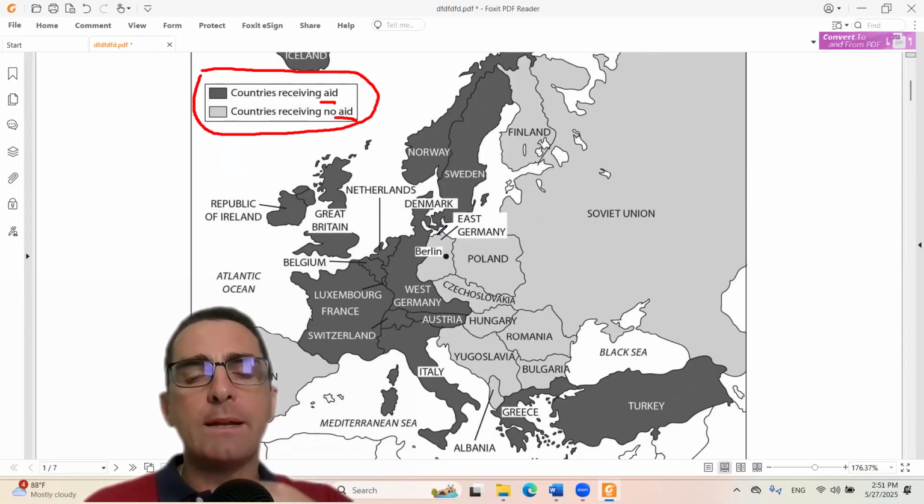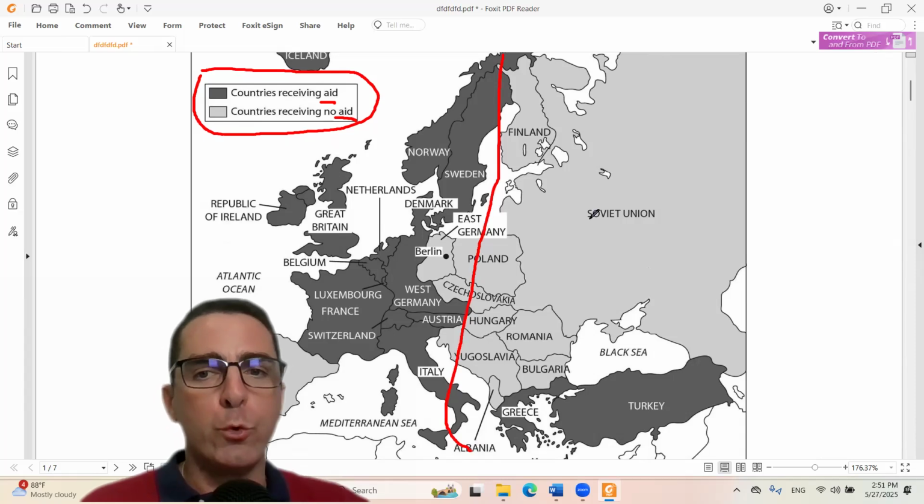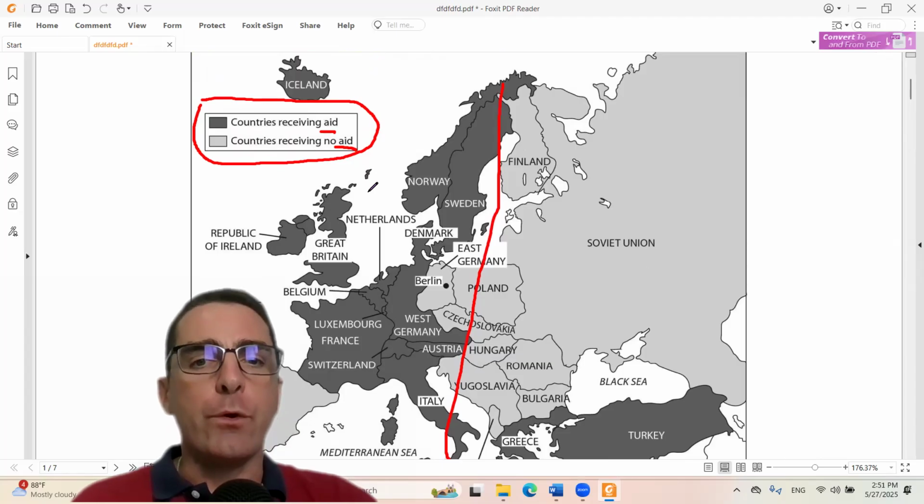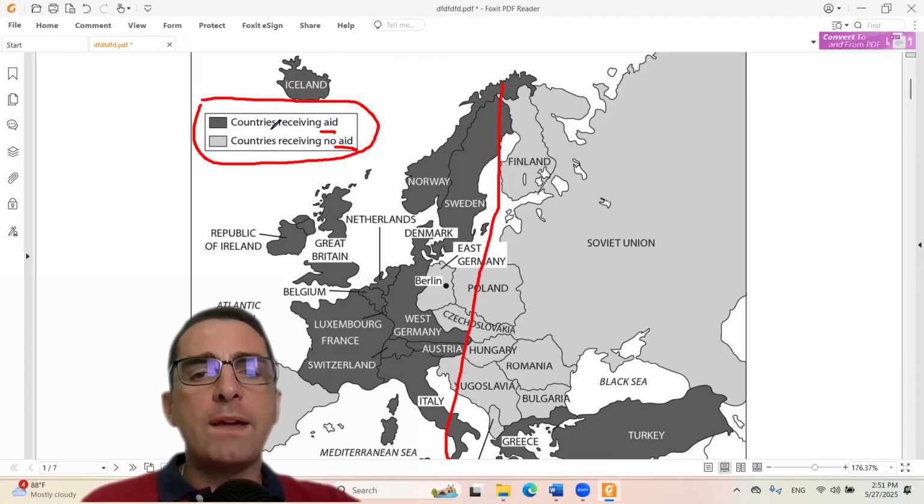Now, what I notice immediately here is there's very much a kind of east-west divide. If I draw a crude line down the middle, you can see that on this side, in Western Europe, we have mostly countries receiving aid, and then mostly in Eastern Europe here, we have countries receiving no aid.